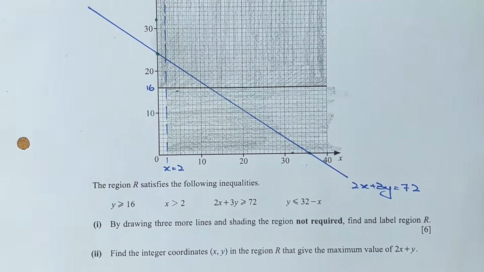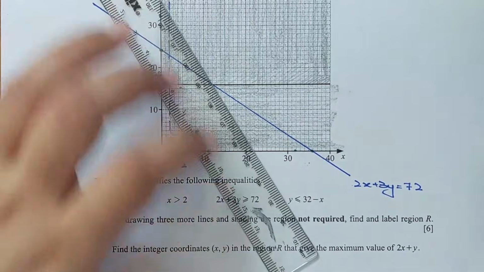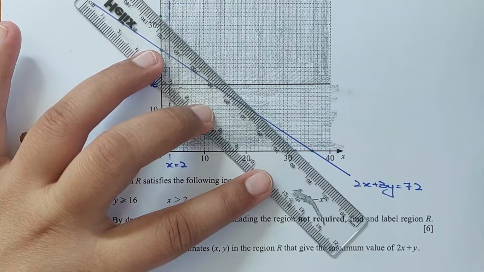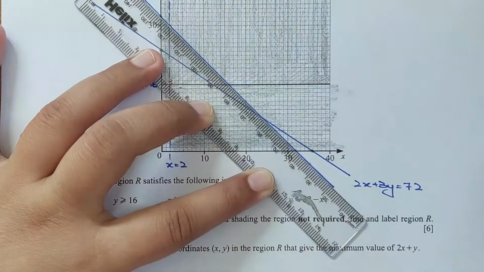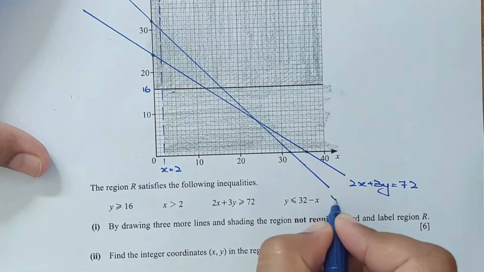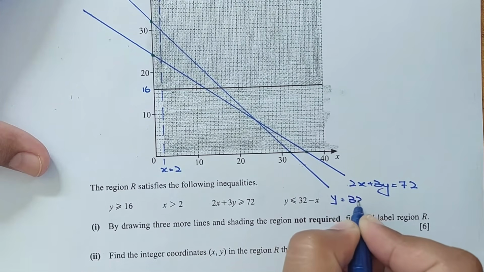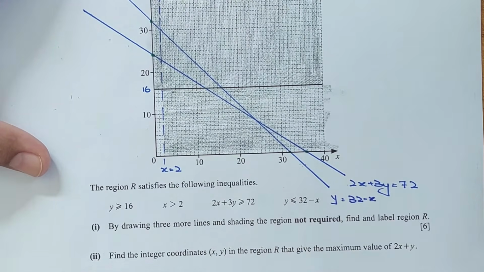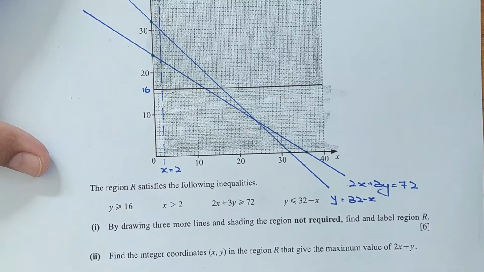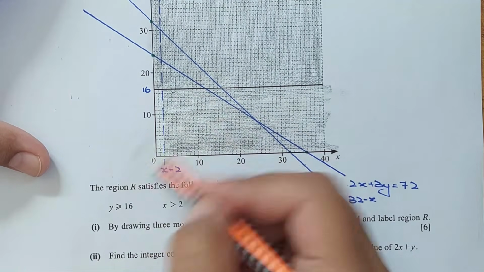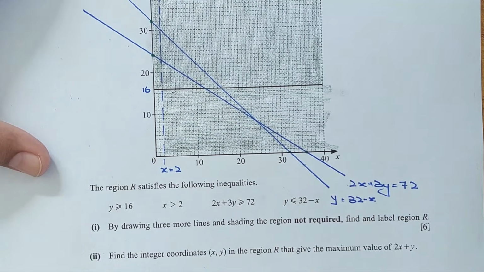Let me connect the 2 points. Okay, this line is y equals 32 minus x. Now y is less than or equal to 32 minus x. The lower portion is going to be shaded. All the values that are less than or equal to, right?